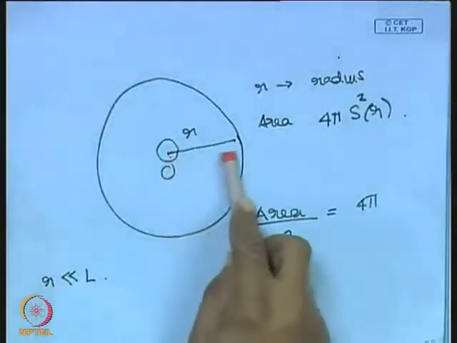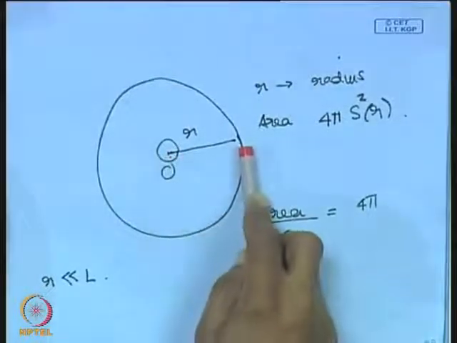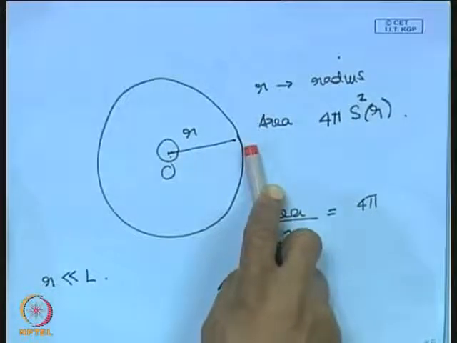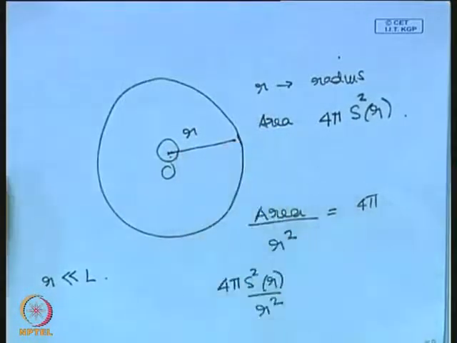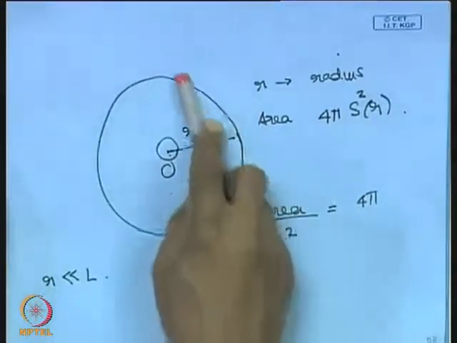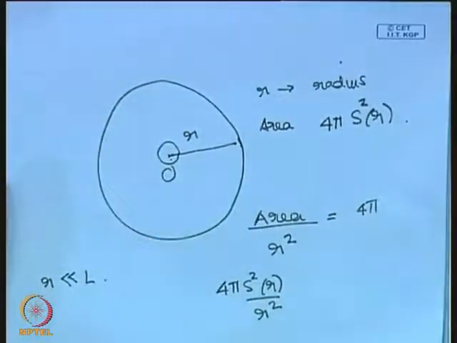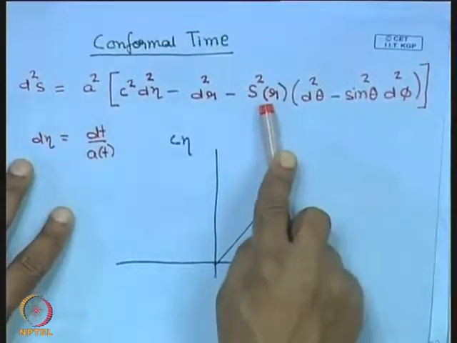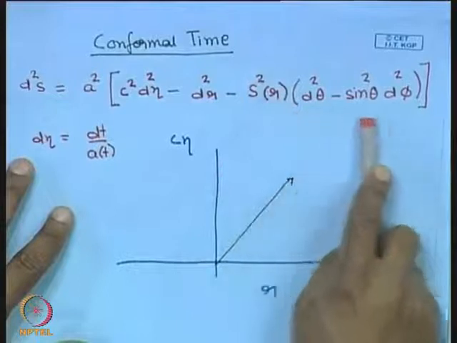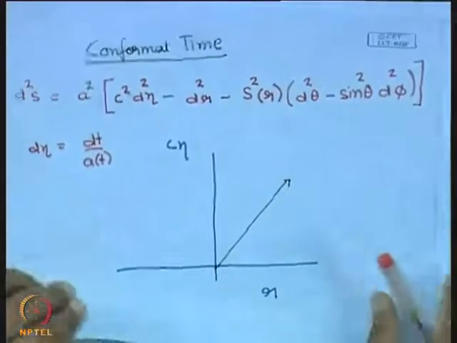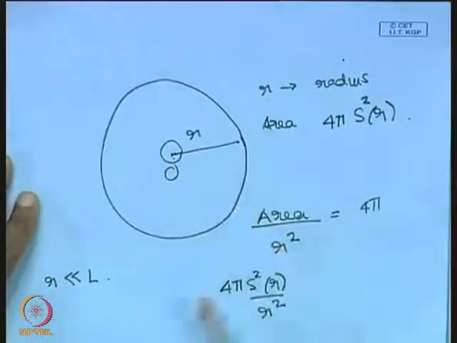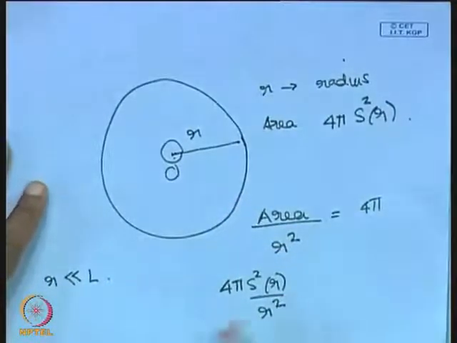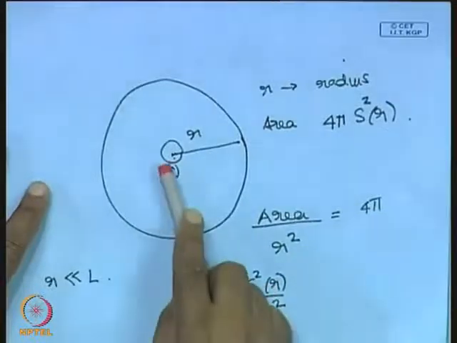r is the distance, so let us take another point over here, a galaxy. r is the comoving coordinate to the galaxy. So if I consider a sphere of radius r, the surface area of that sphere is given by 4 pi s squared, because this is the thing that multiplies the solid angular terms. So the surface area of the sphere is given by 4 pi s squared in general, and the distance is r.